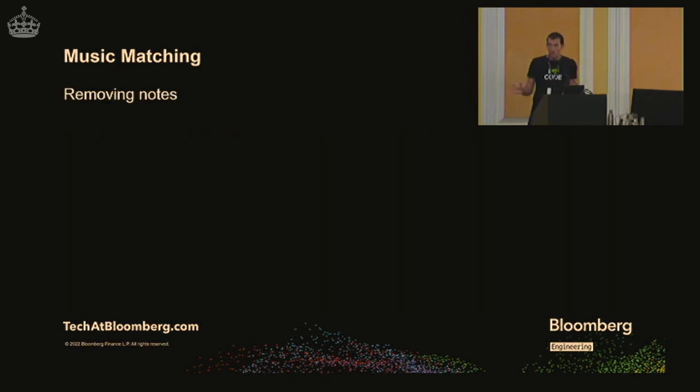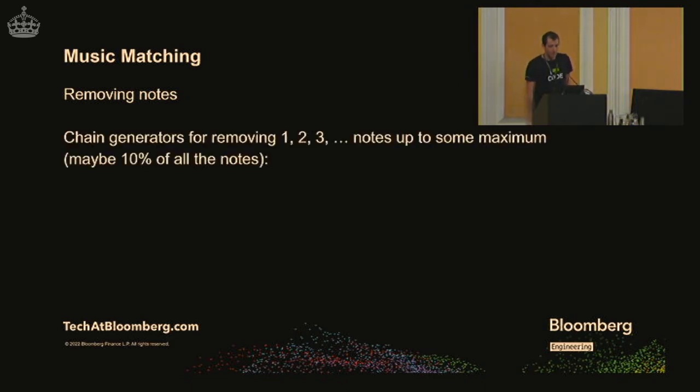The other bit's more interesting. If we're removing some notes from our piece, we might just start with one note, or even zero, the null transformation. But let's say we start removing each note in turn from the piece of music, one after the other. Then we try every pair of notes, then every combination of three notes, and we can keep going up to some limit.